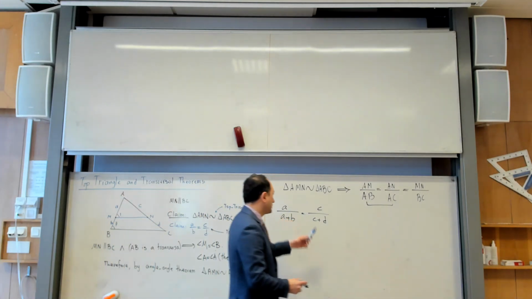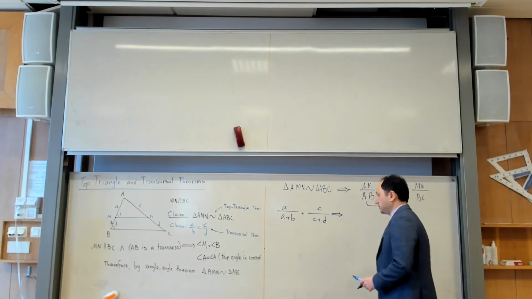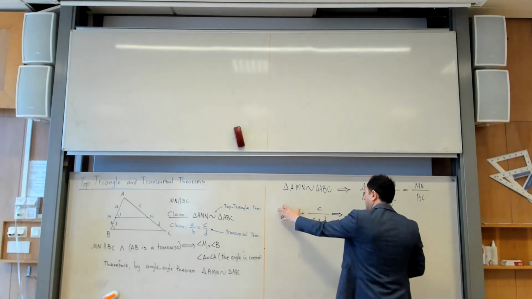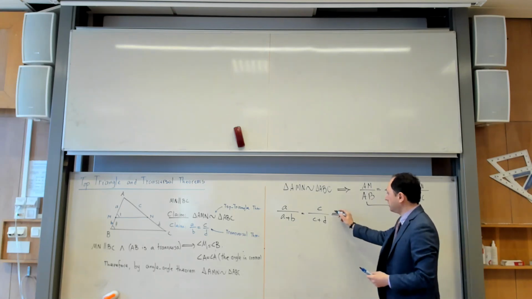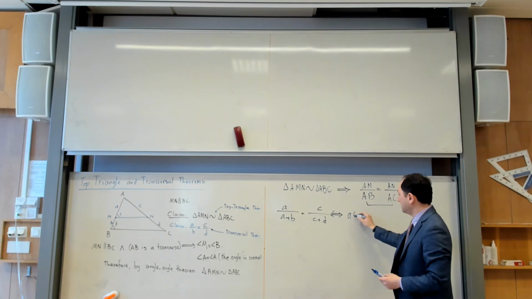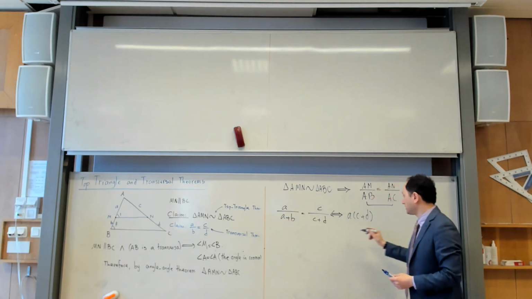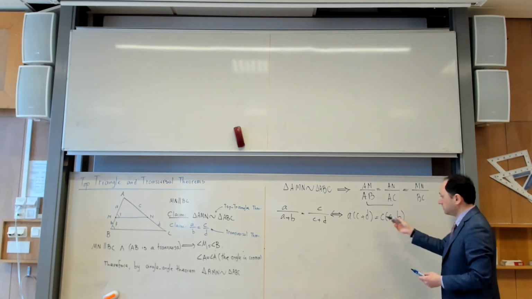Why is that? Because now forget about geometry, we jump to the realm of algebra, yes? So I have a fraction equal to another fraction. This happens if and only if a times (c plus d) is equal to what? c times (a plus b). Yes?